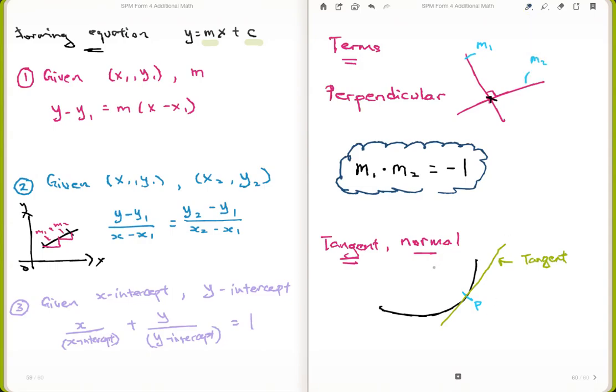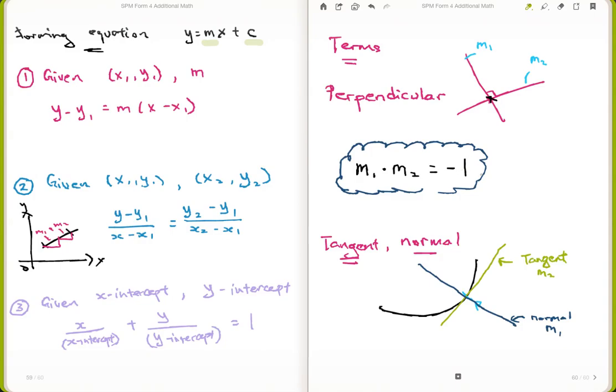This is the normal line. This is normal. So therefore, for the gradient, let's say this is my tangent M1, and this is normal M2 line. Therefore, M1 times M2 equals -1.